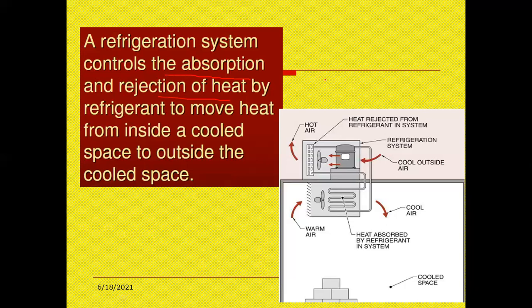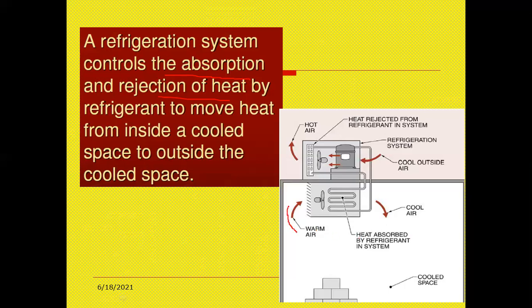See the figure here. This is the air conditioning system. This is the outside atmosphere, this is the inside atmosphere. Here the hot air is going out from the cool space.